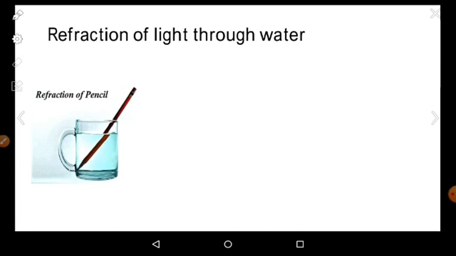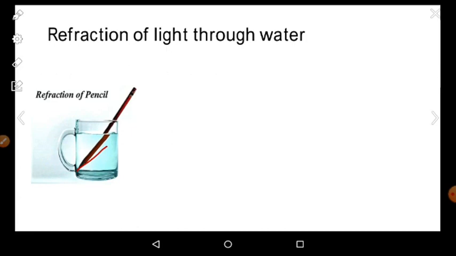Here a pencil is dipped in the water of a glass. A part of the pencil is dipped within the water, and we can observe that there are two images of the pencil. The image inside the water is bent differently.